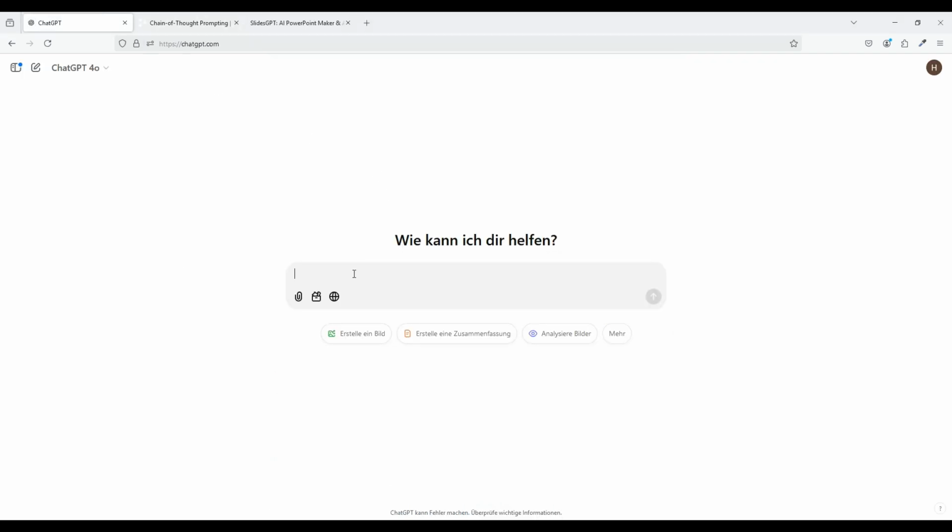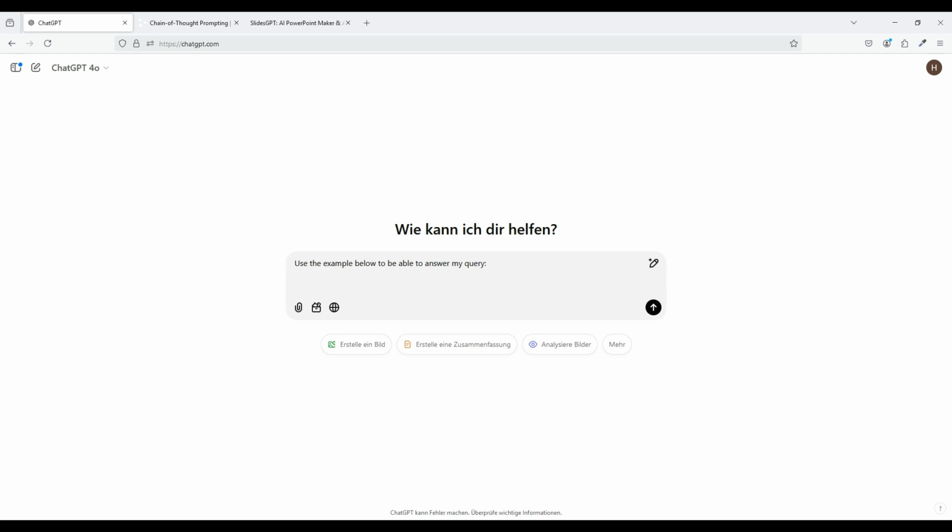So for this, we will use ChatGPT again. And then here the user query should be: use the example below in order to be able to answer my query.